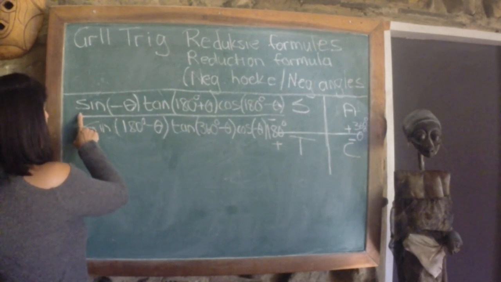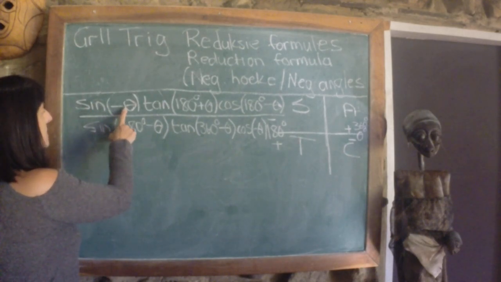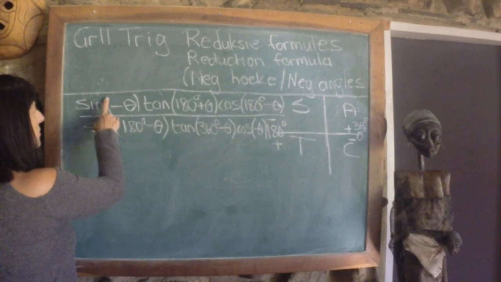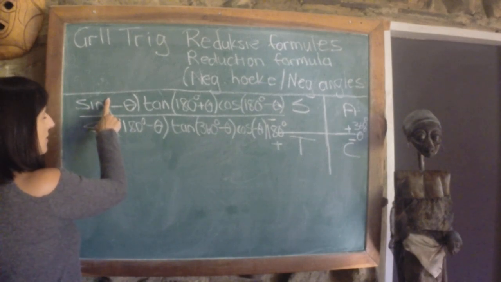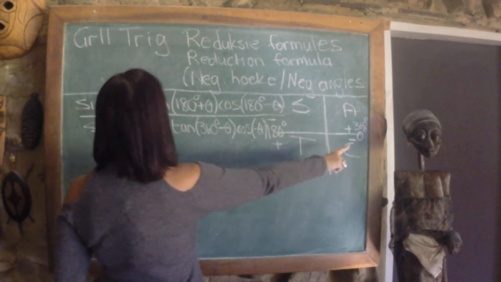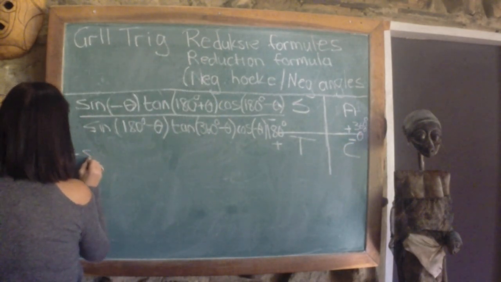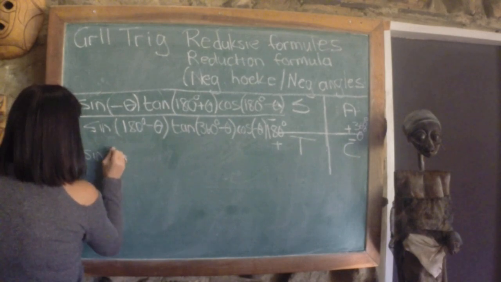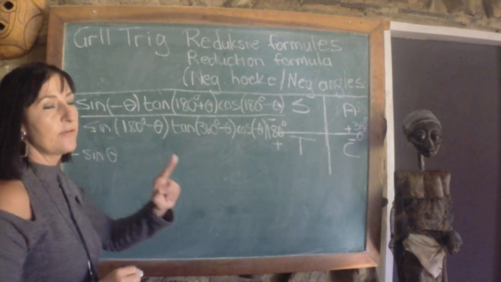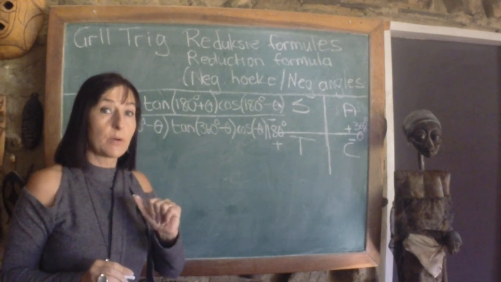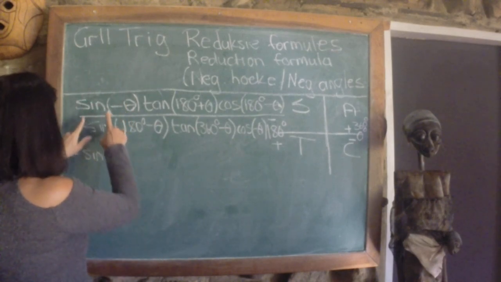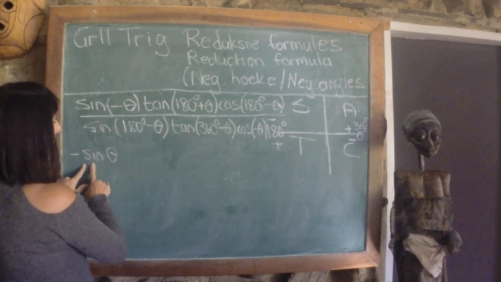So let's start there. Die sin van minus theta, het juffrou gesê, sit ons altyd 'n 0 of 'n 360 grade voor, so dis 0 grade minus en sin is daar negatief. Jy kry vir elke toepassing van 'n reduksieformule kry jy 'n punt, daarom moet ons dit baie sorgvuldig doen en duidelike antwoorde gee.